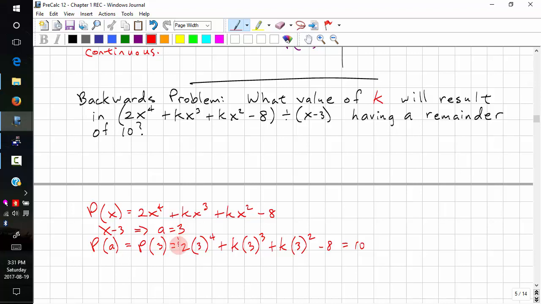Okay, so let's just break this up here. 3 to the power of 4 is 81. 2 times 81 is 162. 3 to the power of 3 is 27, so 27k. 3 to the power of 2 is 9, so that's 9k. Minus 8 equals 10.